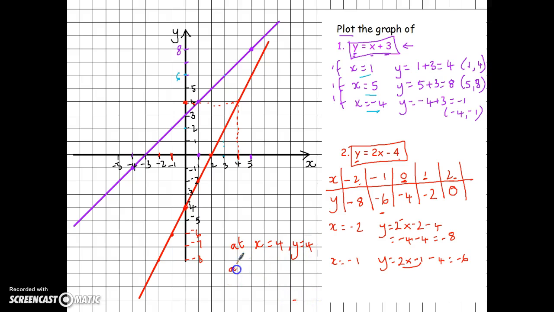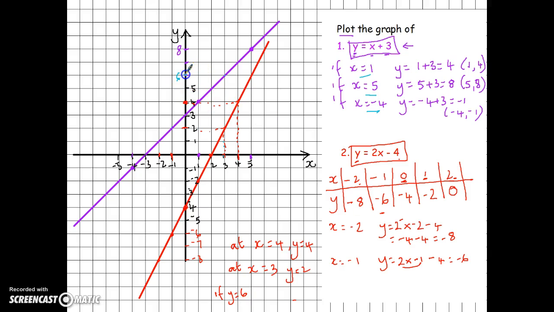If I want to know what's happening at x equals 3, here's x equals 3, let's transfer it up, head across until we get to our y. We know that y equals 2. What about if I wanted to know what the x value was if y equaled, let's say, 6?